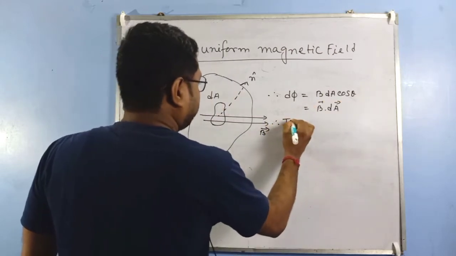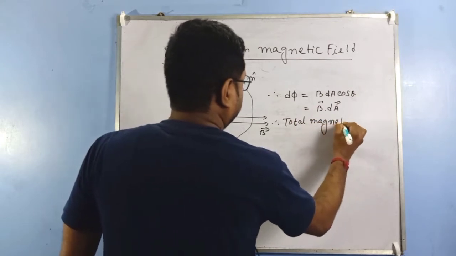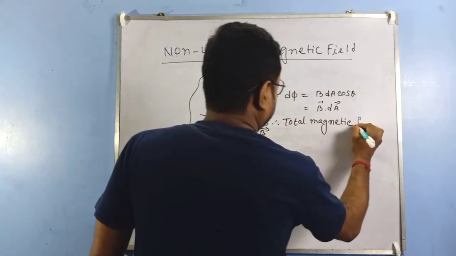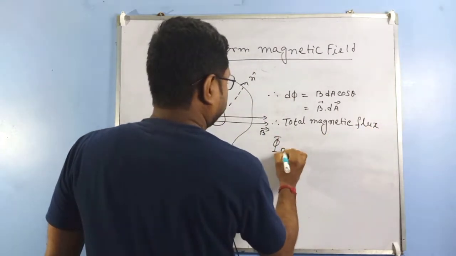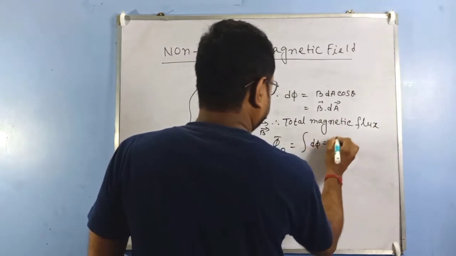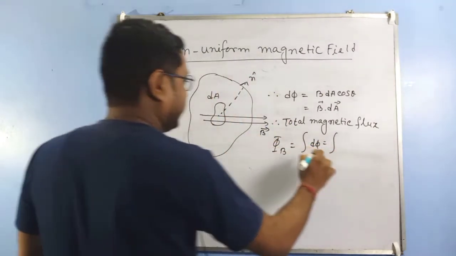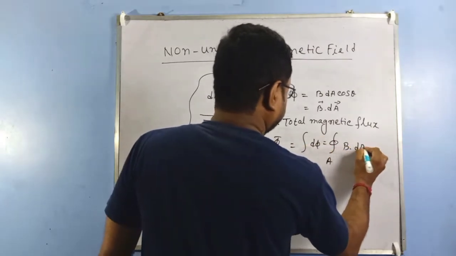Therefore, the total magnetic flux phi B is equal to the integral of d phi over the total area A, that is, the integral of B dot dA.